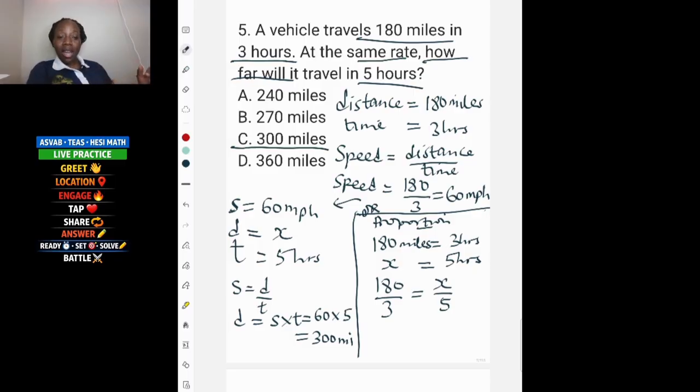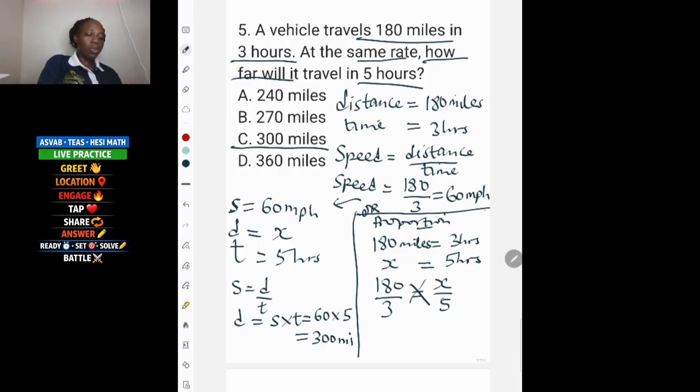If you are putting time for the numerator, make sure the two numerators are the same. If you place one area and x the other way, that will be wrong. So mile over hour, like that.